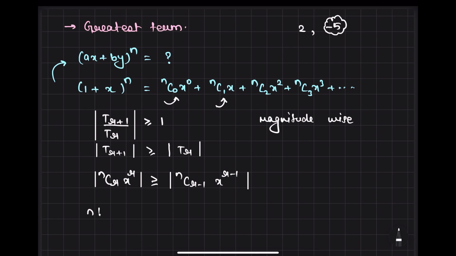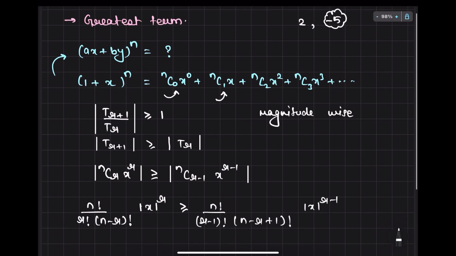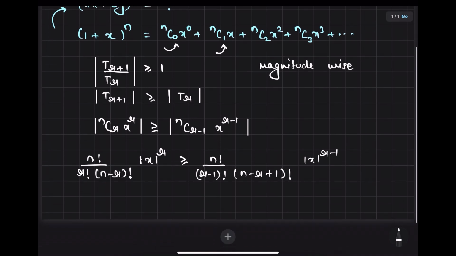We will have n! by r!(n-r)! and |x|^r, because x can be positive or negative, and n! by (r-1)!(n-r+1)! and |x|^(r-1). Now be super slow and just observe things.